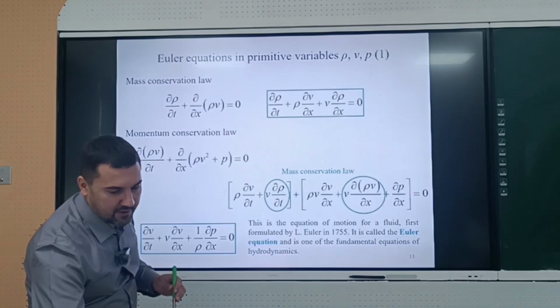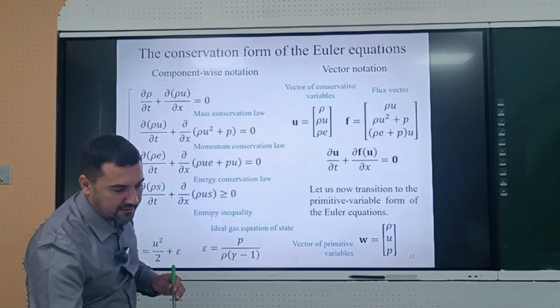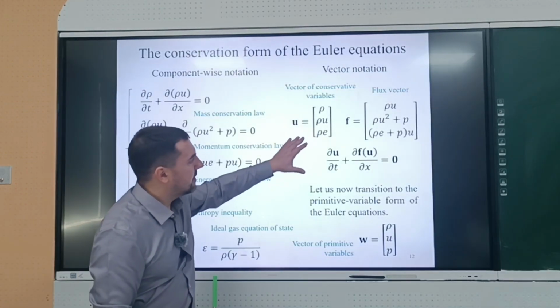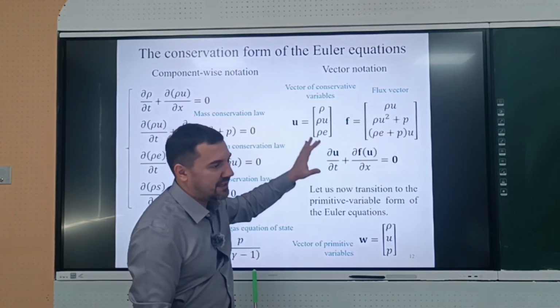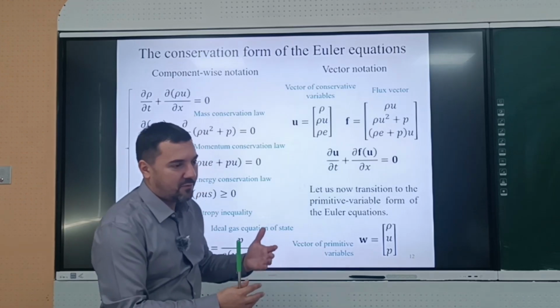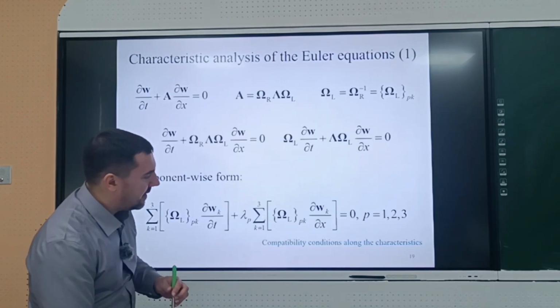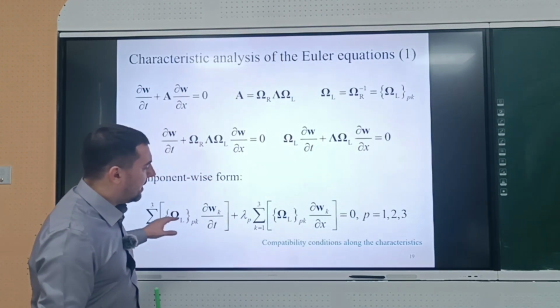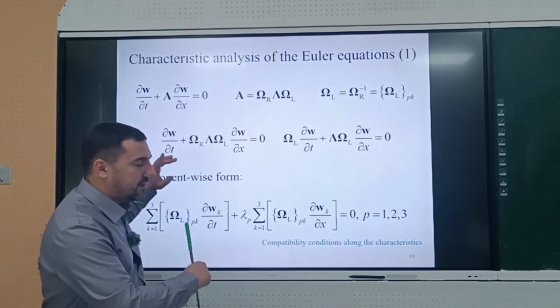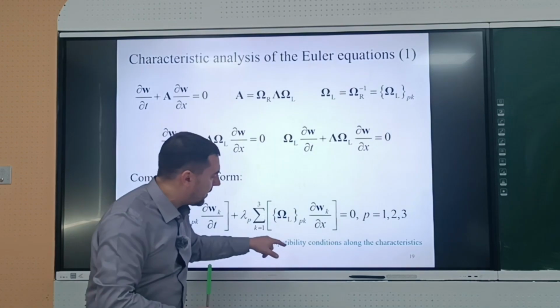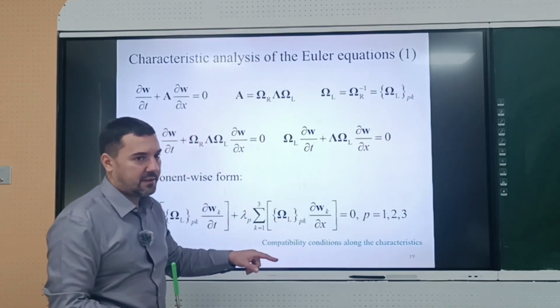This is just the same as, for example, this one. But this is a physically understandable, intuitive form of notation for the Euler equations. And this is a more theoretical, but also important form of the same Euler equations, written in the form of compatibility conditions along the characteristics.